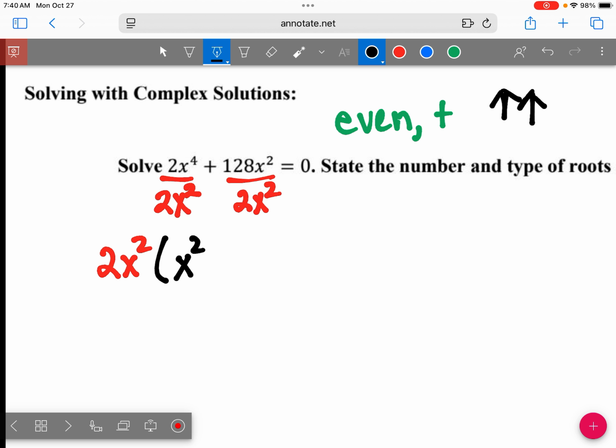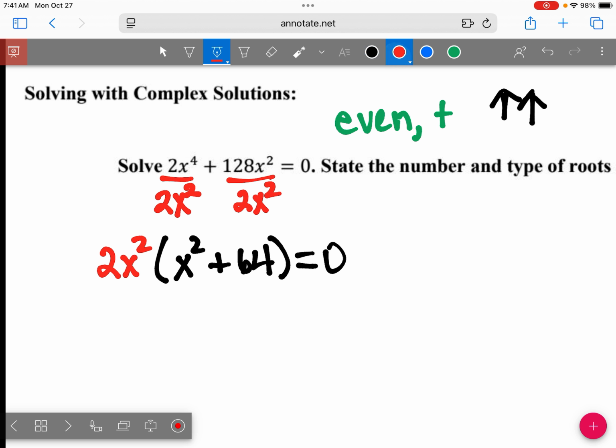Go ahead, take the 128 divided by 2. So you should get 64.